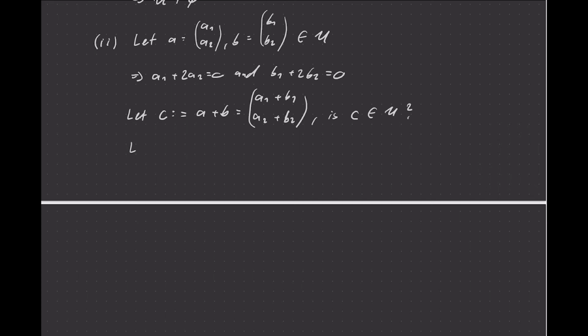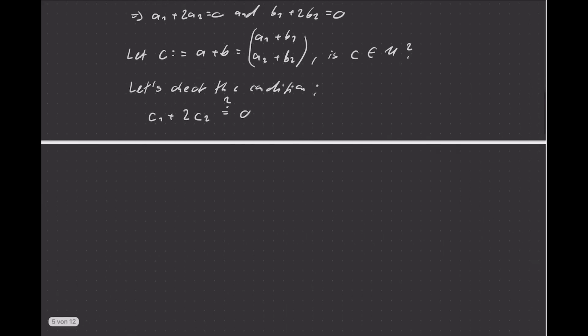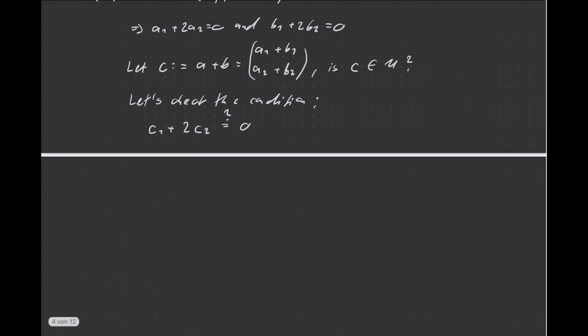What do we have to do? Well, we have to check the condition. The question is: c1 plus 2c2, is that equal to 0? And we can find out by just substituting what we know.